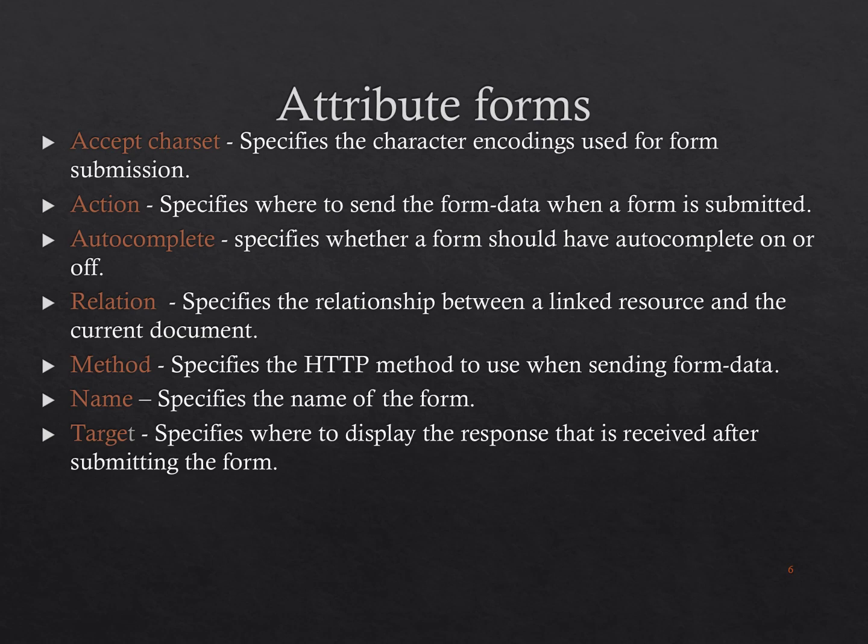Autocomplete specifies whether a form should have autocomplete on or off. Rel specifies the relationship between the linked resource and the current document. Method specifies the HTTP method to use when sending the form data. Name specifies the name of the form, like a title. Target specifies where to display the response that is received after submitting the form.